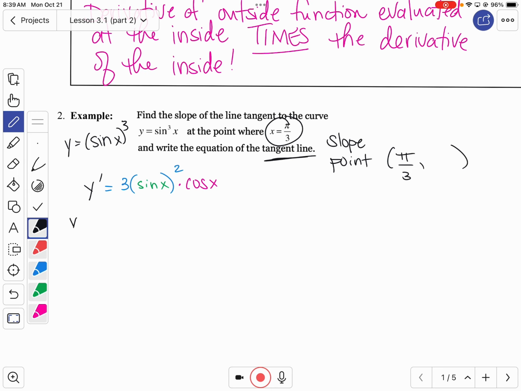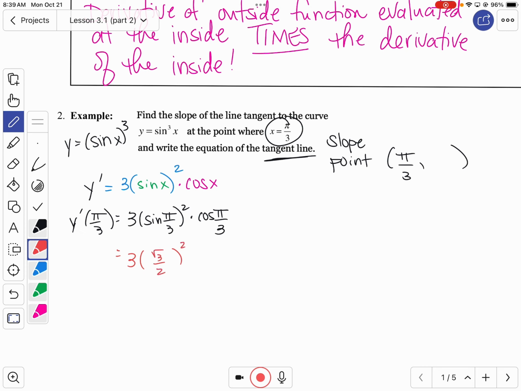So now let's evaluate y prime at pi over 3. It's going to be 3 times the sine at pi over 3. We're going to square it times the cosine at pi over 3. All right, a little bit of arithmetic here. Sine at pi over 3 is square root of 3 over 2.